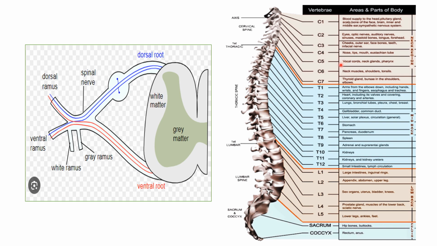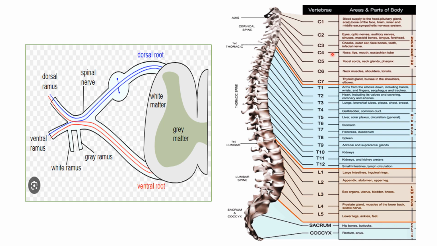If you take C1, the first spinal nerve, it supplies the head, pituitary gland, scalp, brain, ear and sympathetic nervous system.